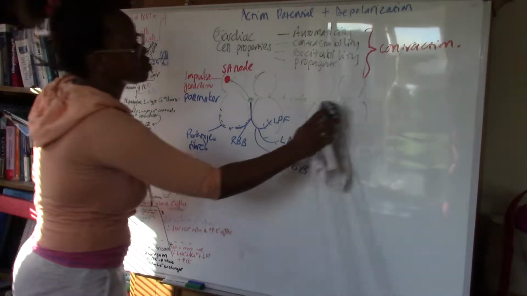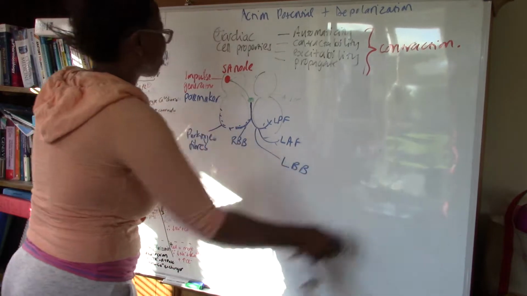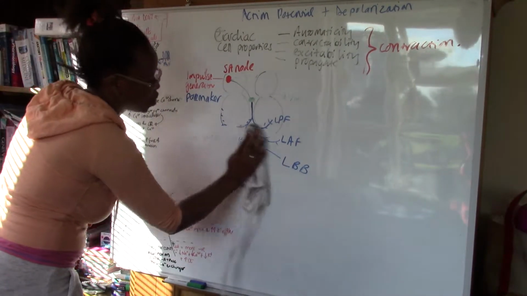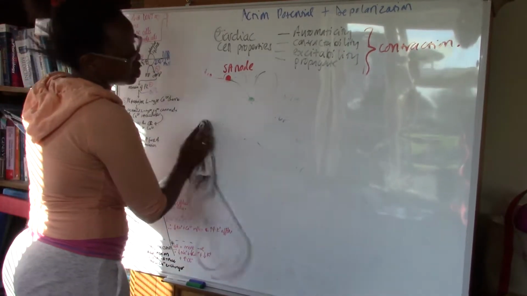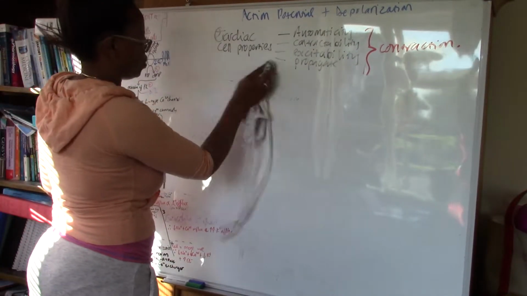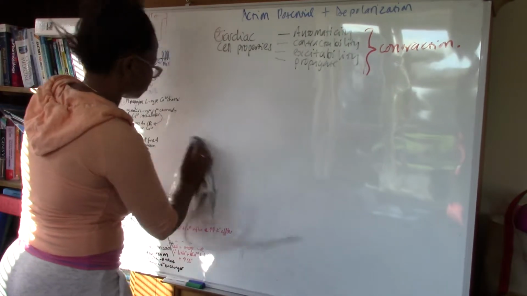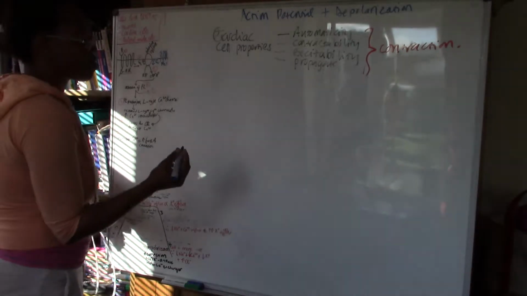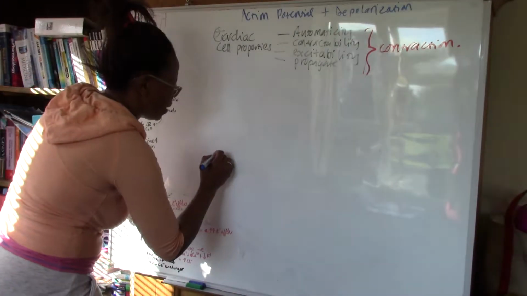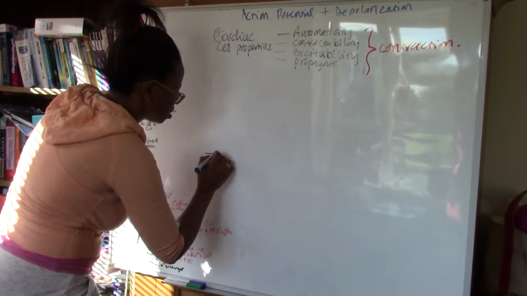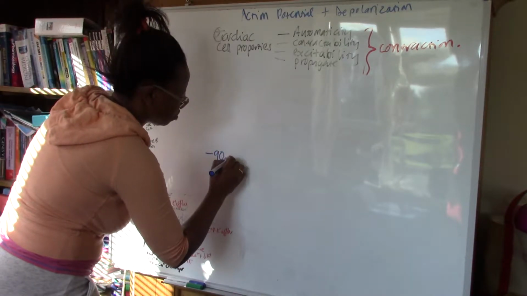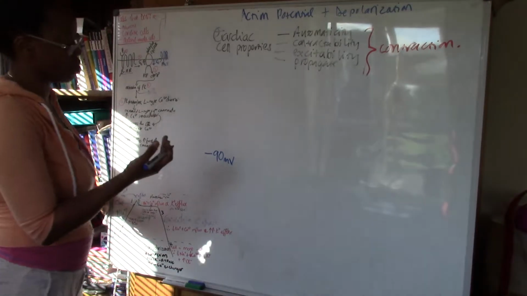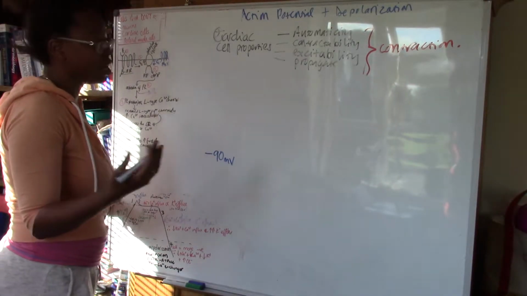In terms of depolarization itself, impulse is generated from the SA node, and it travels down that system which I've just drawn out. The cardiac cells themselves have a resting membrane of minus 90 millivolts. That's their resting membrane, and when we say resting, we mean nothing is happening.